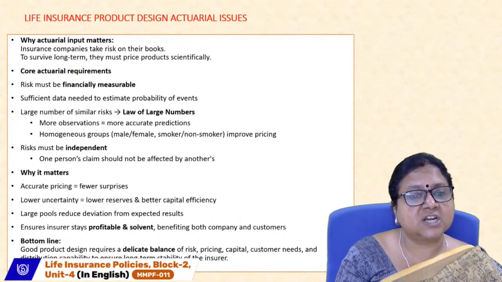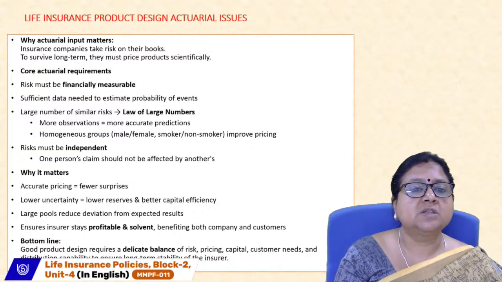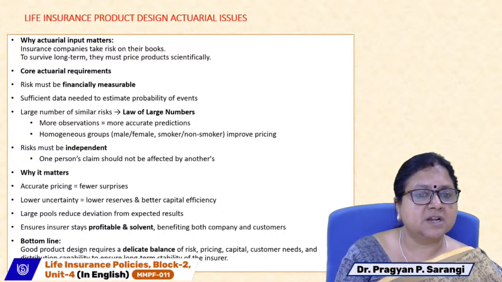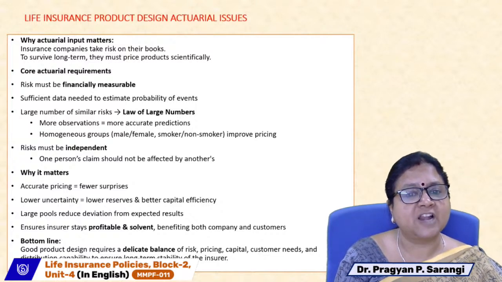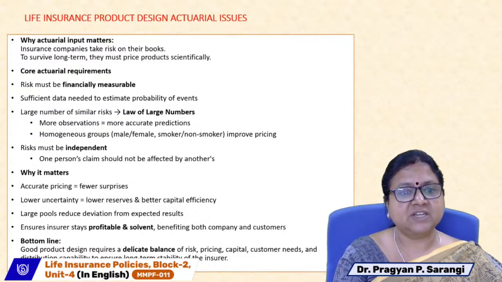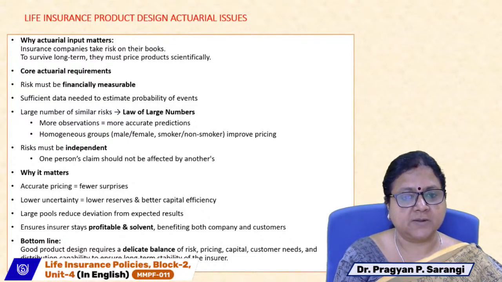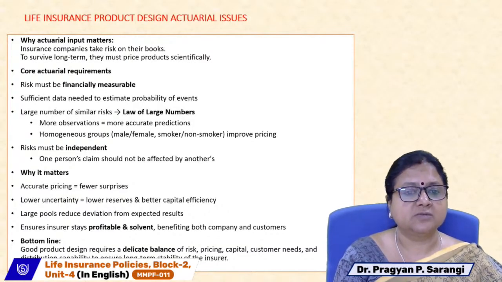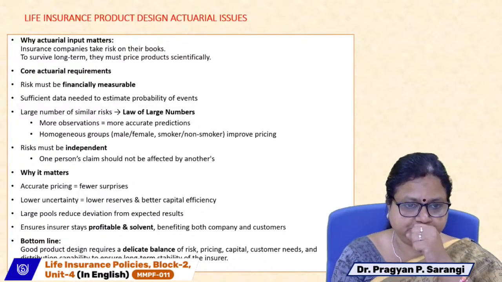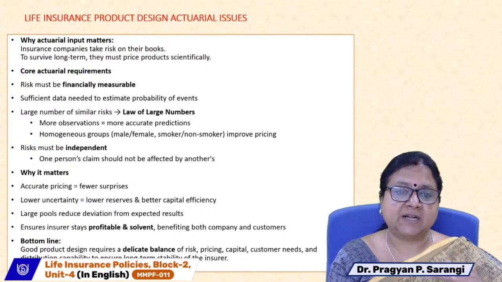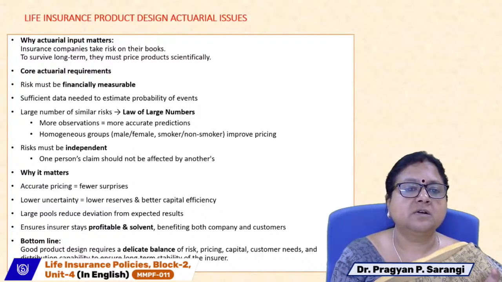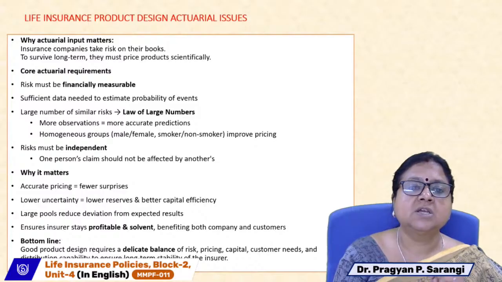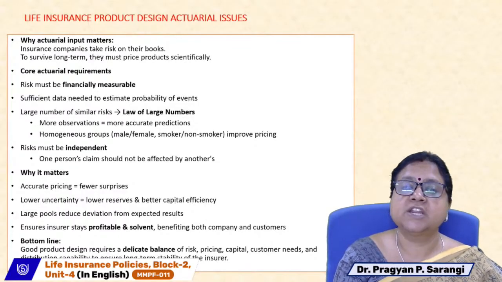So there should be sufficient data to estimate the probability of an event occurring. So a large number of similar risks, that means the law of large numbers, is needed to predict adequately what is the probability that such events will occur at what interval of time. When we see the pattern, we can make an accurate prediction about the probability of a particular event happening.